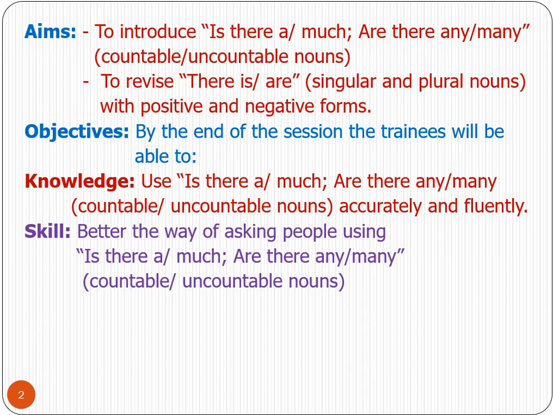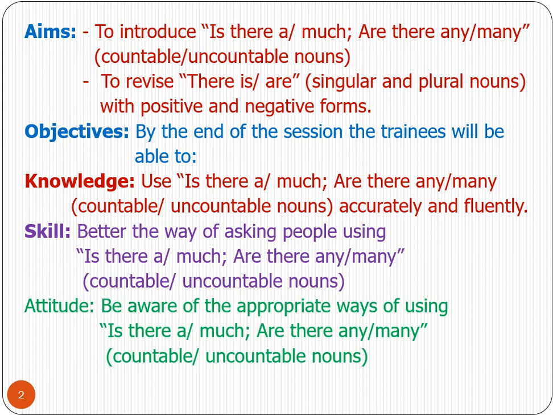Skill: better the way of asking people, is there a, is there much, are there any, are there many, with countable and uncountable nouns. Attitude: be aware of the appropriate ways of using is there a, is there much, are there any, are there many, with countable and uncountable nouns.